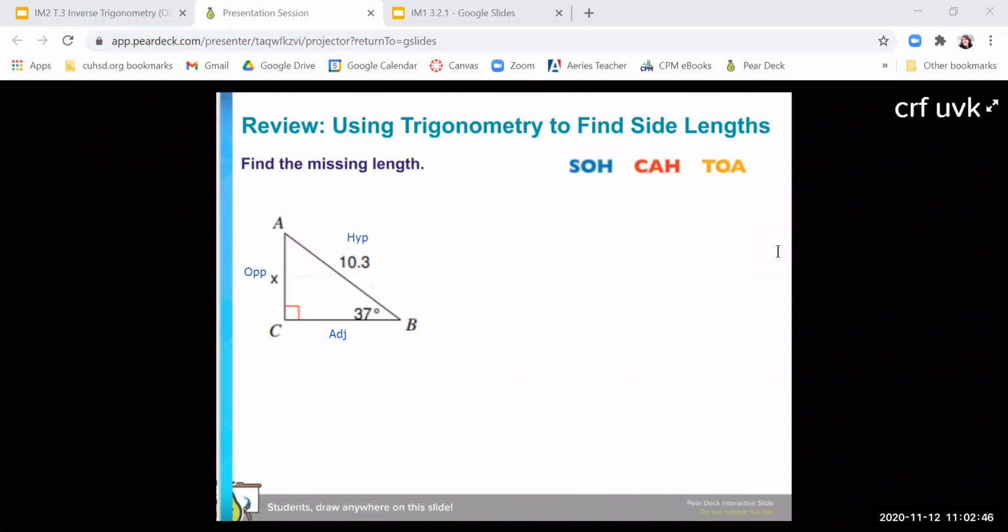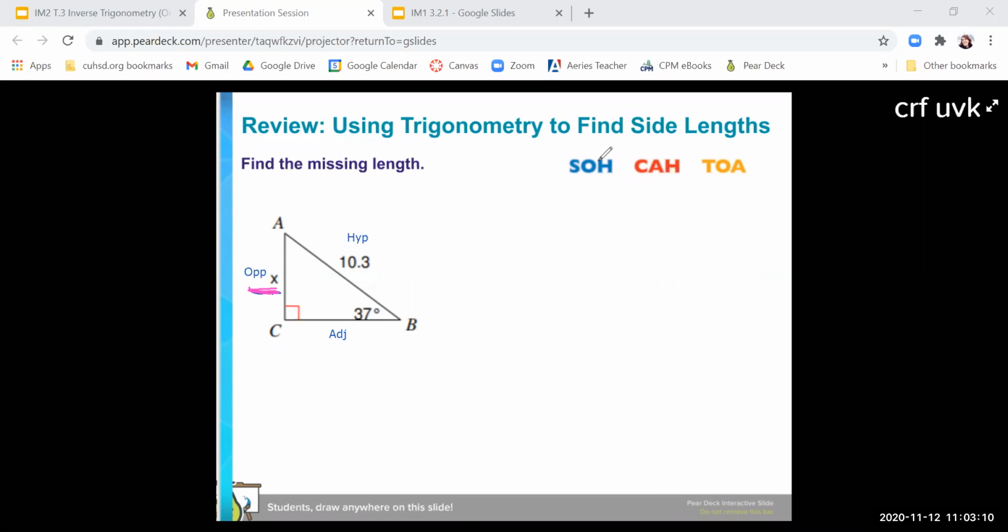Okay, so in order to choose sine, cosine, or tangent, we need to make sure that we're using the information that we have in our triangle effectively. Looking at the triangle, you can see the opposite side is what we're trying to find. So we're definitely going to use O for opposite.